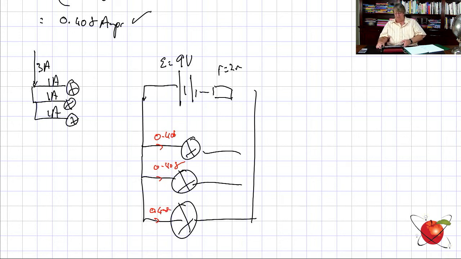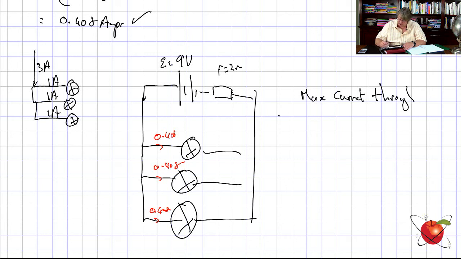I know it goes dark because I'm blocking off the light to it. What do I, in fact, say? Right, maximum current through each bulb is 0.408 amps.